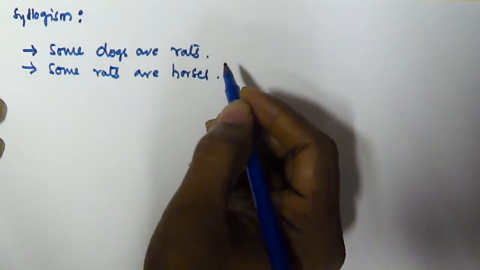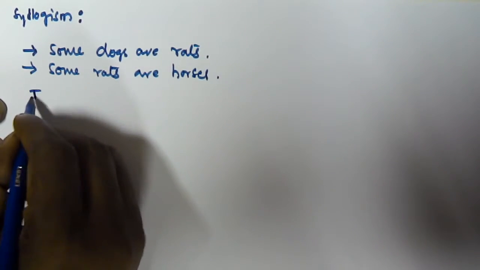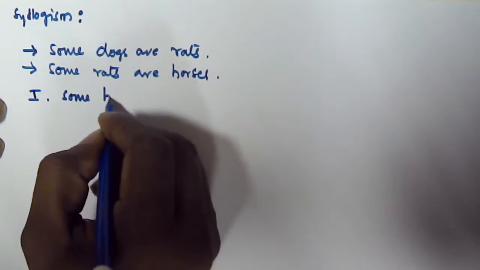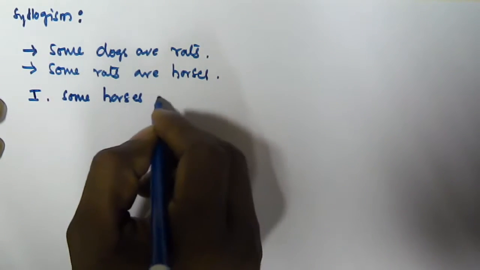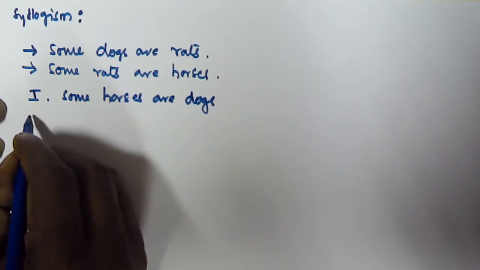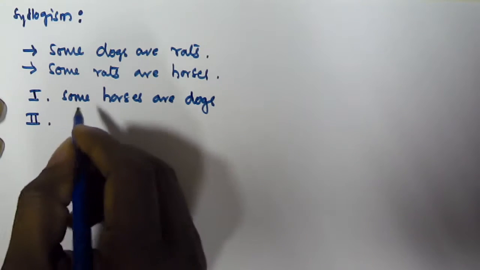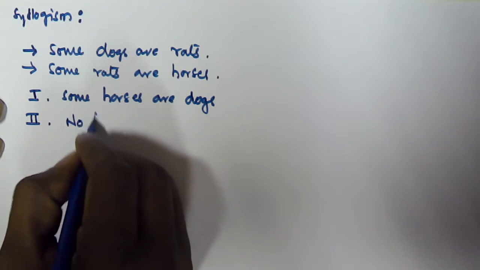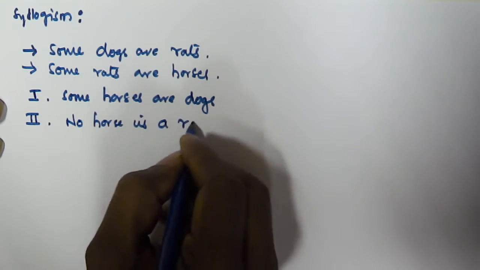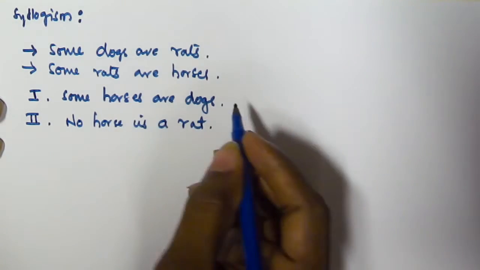The first conclusion given is some horses are dogs, and the second conclusion given is no horse is a rat.